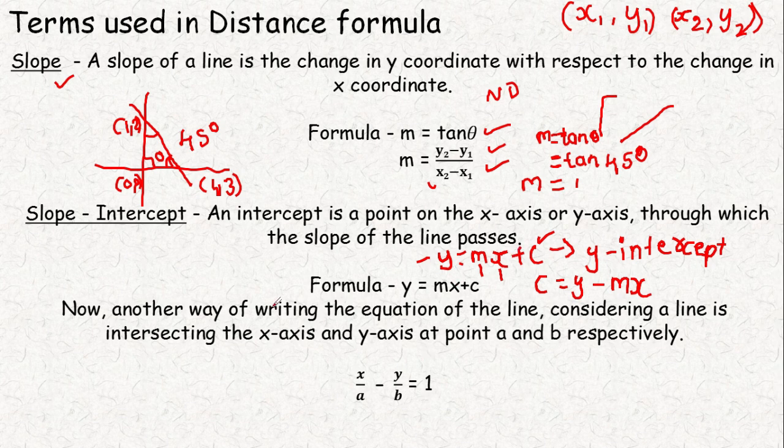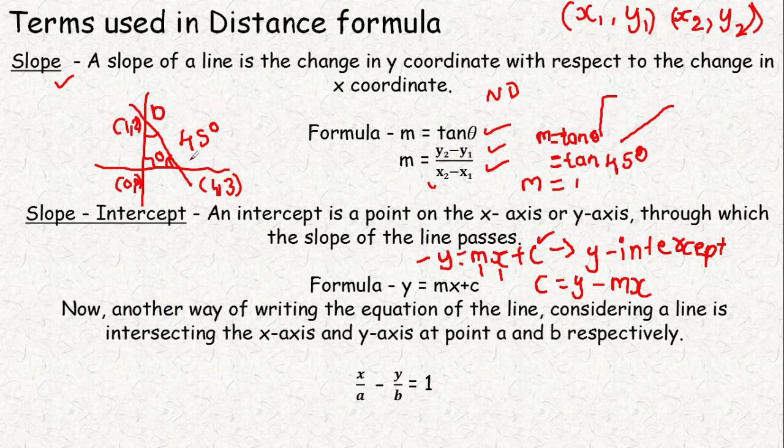Now another way of writing the equation of a line, considering it intersects the x-axis and y-axis at points A and B. If we want the intercept form, that's it. When they give you 2 points which cross at A and B, one point will be on the x-axis and one point on the y-axis.